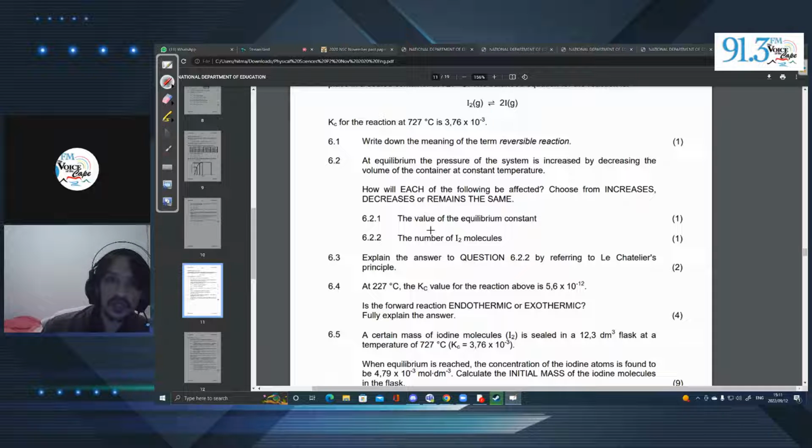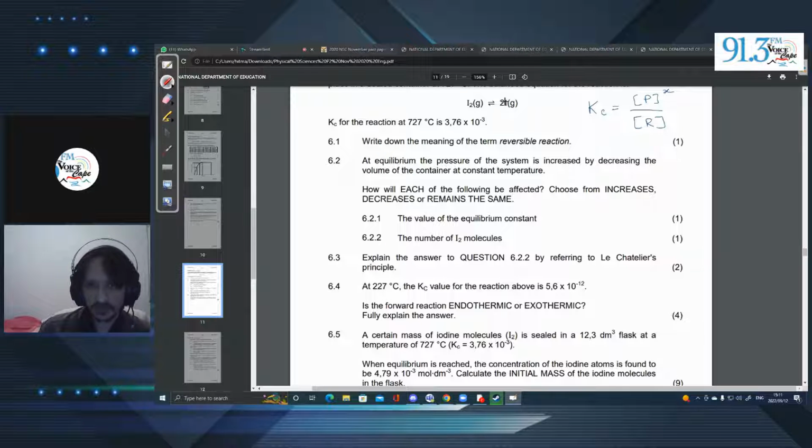As we know, the equilibrium constant is equal to the concentration of the products in the gaseous phase over the concentration of the reactants to the power of the number of molecules in the balanced equation.